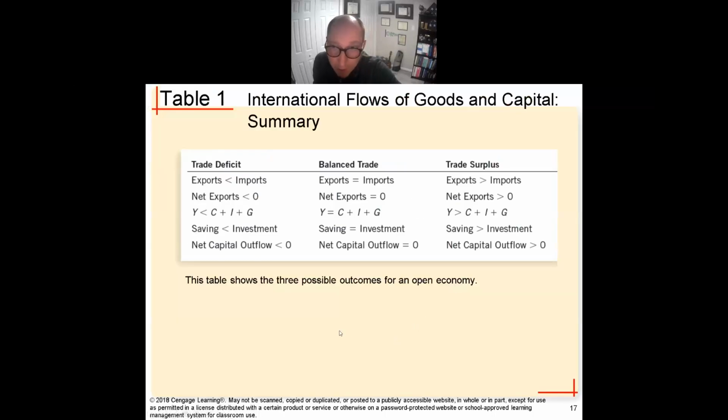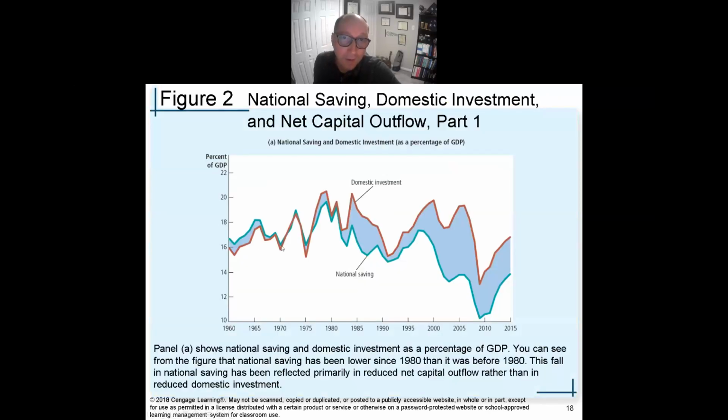This slide kind of summarizes the three different possibilities when it comes to trade. This slide shows us the difference between national savings and domestic investment. You can see that over the past 20 years, we'll say, the gap between domestic investment and national savings has gotten much wider. Okay, an interesting dynamic here in the United States.